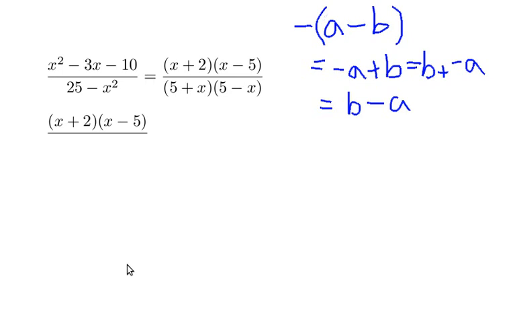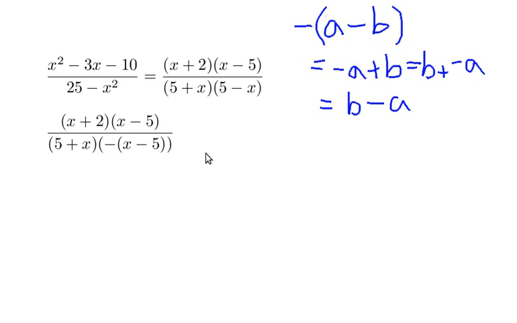So we'll say 5 plus x is still going to be to the left, but then we're going to have minus x minus 5 on the right. See, I switched the order by bringing out, in a sense, a negative. Now, I could, if I wanted to, do this again, and then I'd have two negatives that cancel out, and then we'd have 5 minus x again.